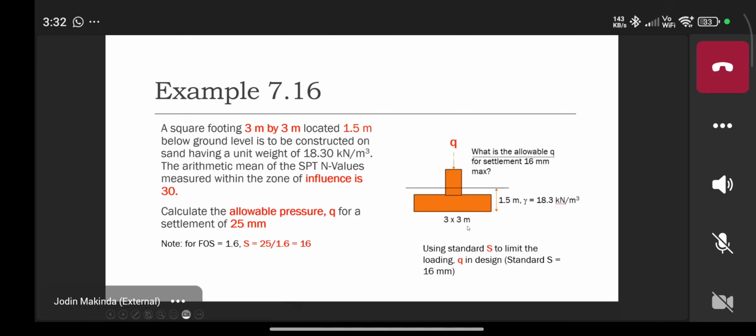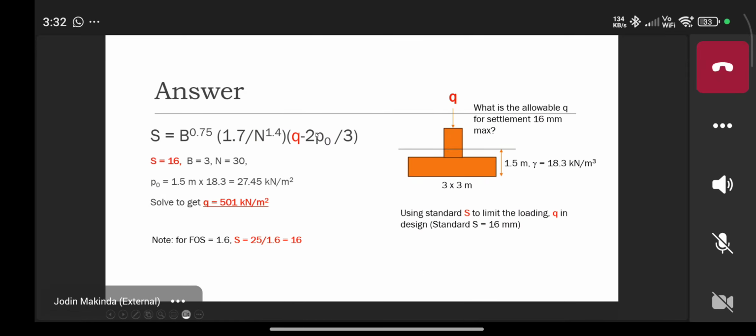In order for us to find the solution, first, using the equation, find the P naught value. P naught is the effective overburden pressure from the top to the bottom, which is 1.5 times 18.3, you get 27.45.